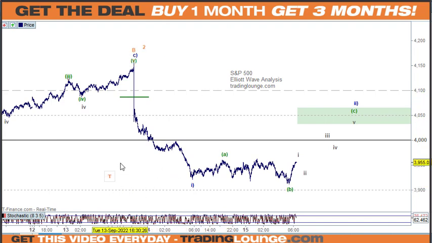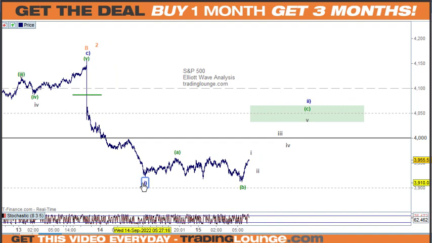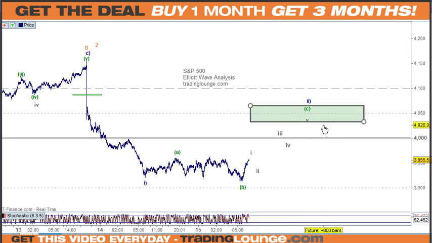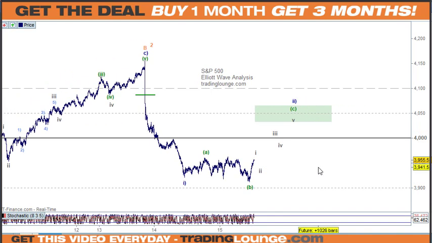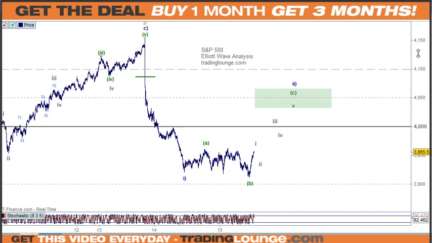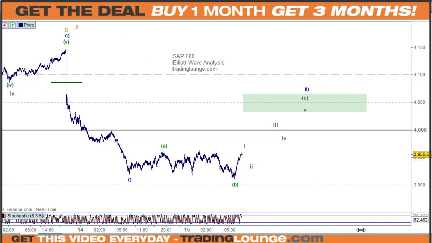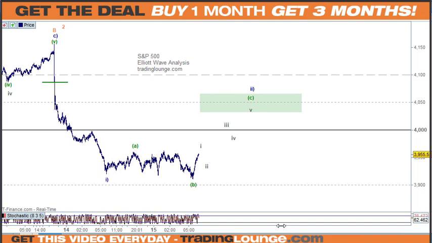It doesn't really change much at this point. So we've got wave 1 here, the A, the B, and we're looking for 1, 2, 3, 4, 5 up here. This is the 50-60% retracement level. Will it get there? Don't know. Maybe, maybe not. But the trick is that we need to count.